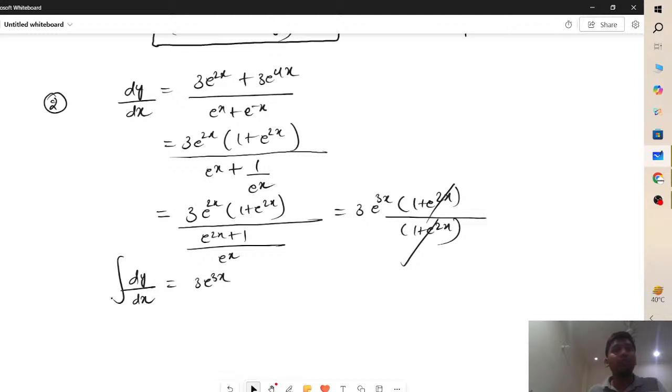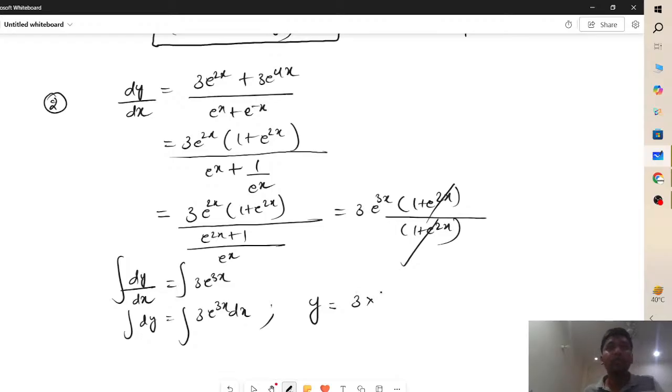Now integrating both sides, that is the integral of dy equals the integral of 3e^3x dx, and what we get is y equals 3 into e^3x by 3 plus c.